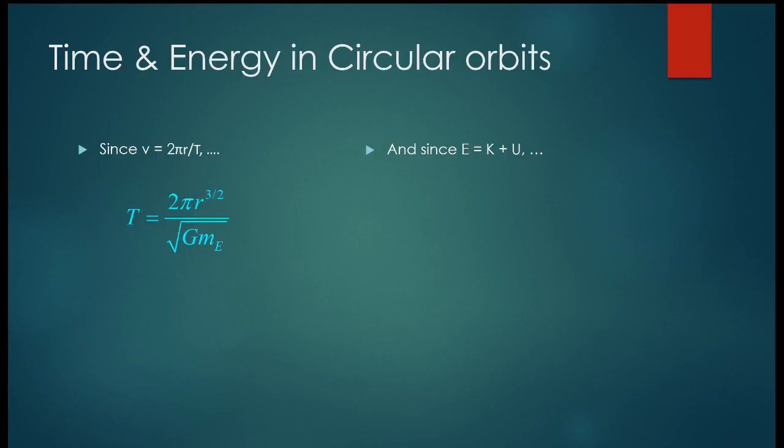Okay, so where does this come from? Well, remember in a previous slide we said that the force of gravity is equal to the centripetal force, and the centripetal force was mv squared over r. But since v is 2 pi r over T, we can just write that as 2 pi r over T, squared.